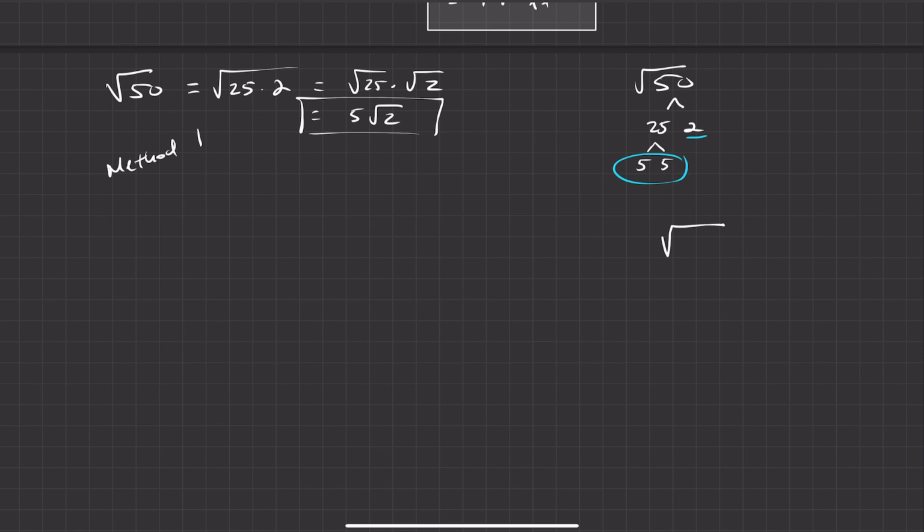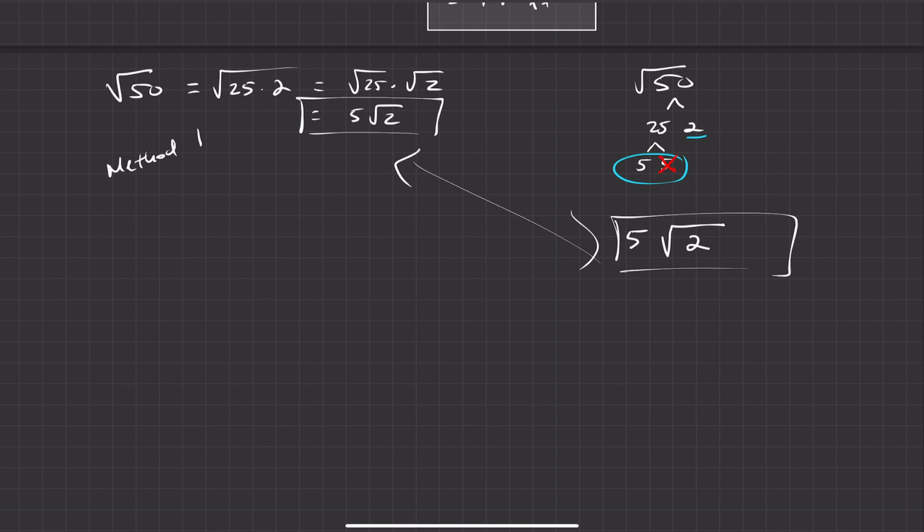Okay? So I'm going to eliminate this 5, and bring this 5 over here. So that's going to be 5 root 2, and that's your answer, just like this. Now, this method is really this method here, but I think this is fun to do.